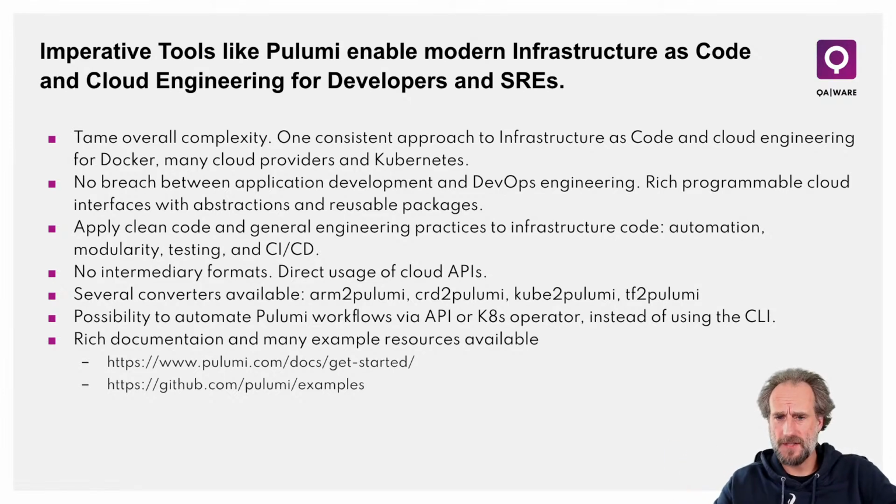So if you write your standard code in Go, you can also express your infrastructure code in Go, or maybe in TypeScript or Python or whatever. So make sure that after the talk you have a look at those new kids on the block, those imperative approaches to infrastructure code. It's definitely worth a look.